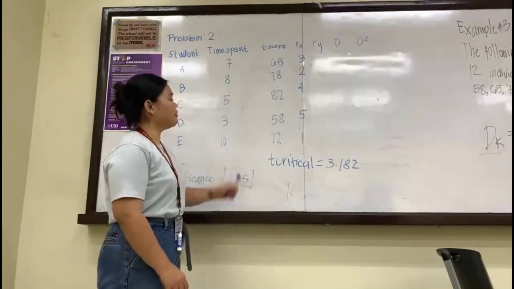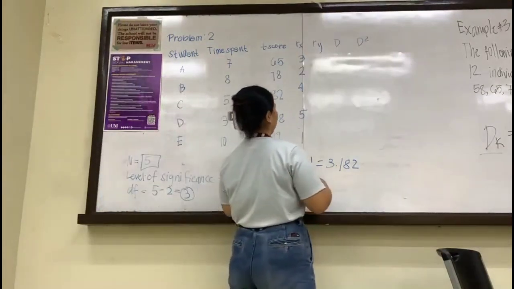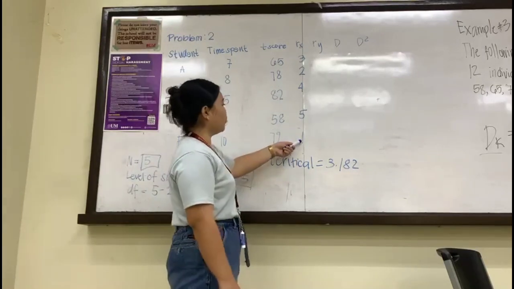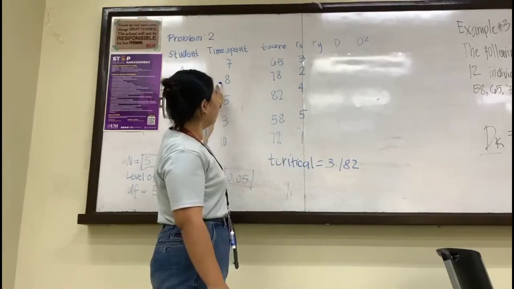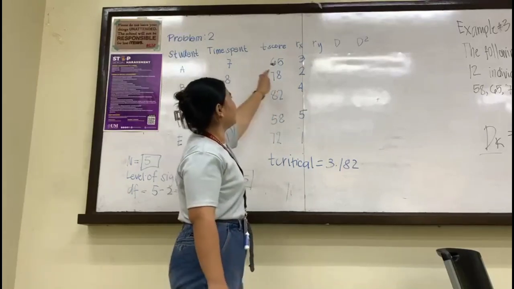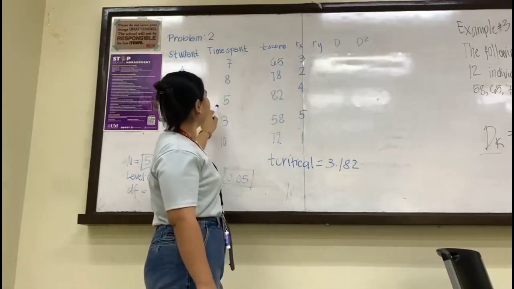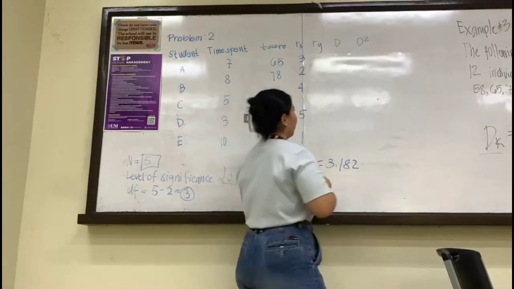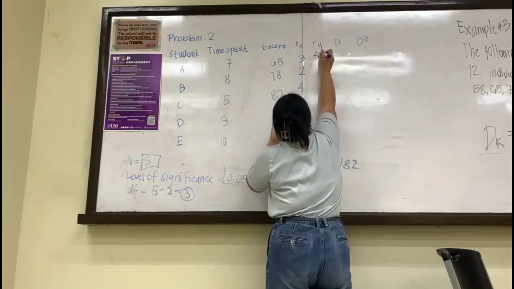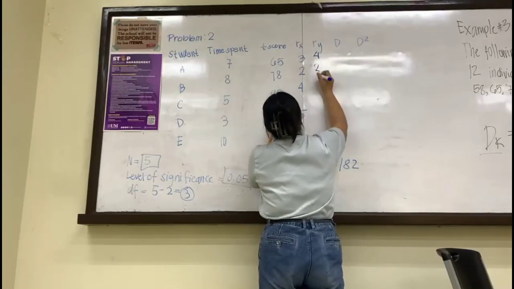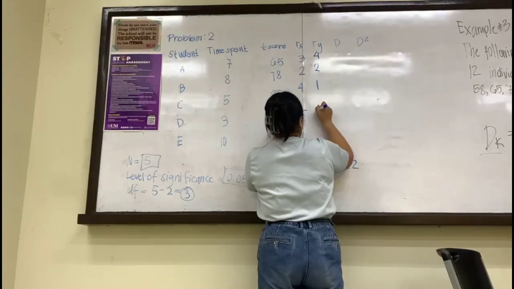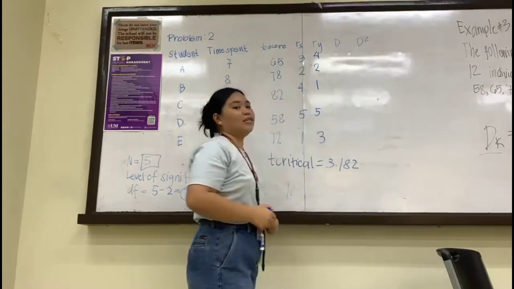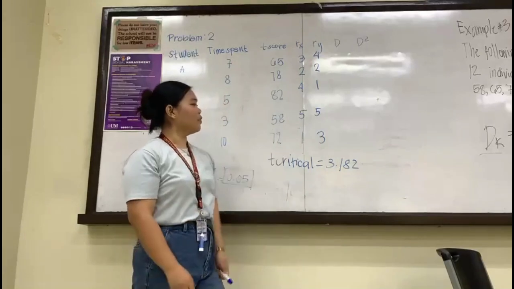And we rank them from highest to lowest. So rank 1, 8 is rank 2, 7 is rank 3, and 5 is rank 4. And for the Ry, we rank them 4, 2, 1, 5. So let's do the differences. Find the difference of our rankings.